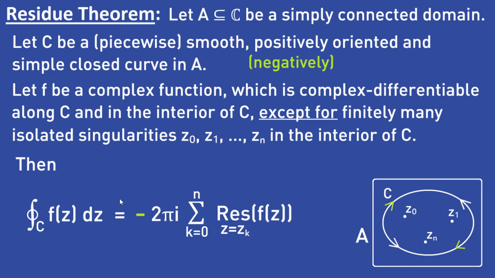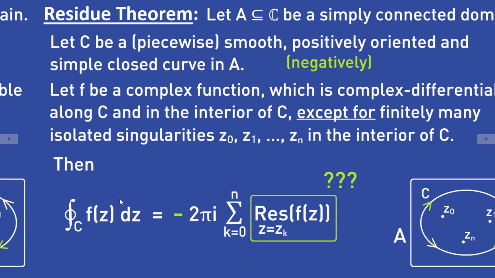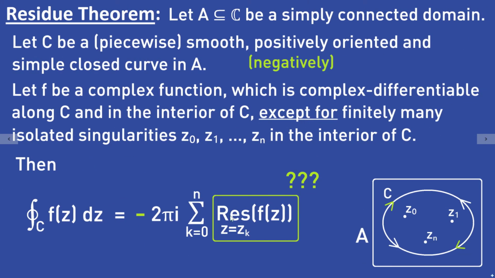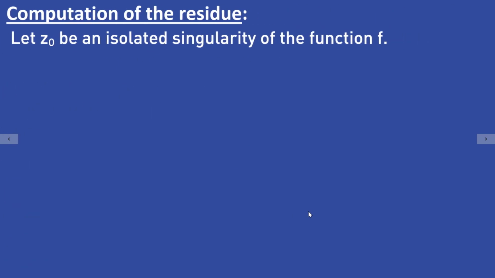I will now show you how you can compute the residue of a function f at an isolated singularity. So, let z_0 be an isolated singularity of the function f.